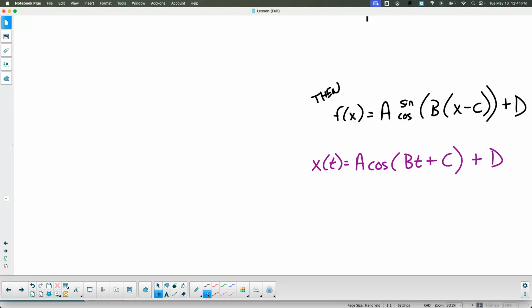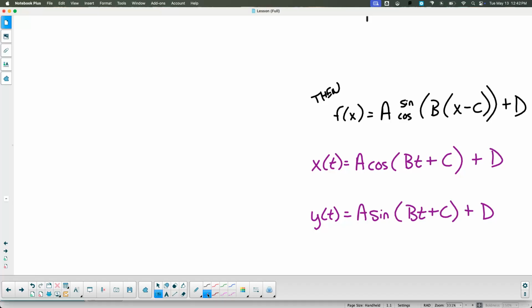Y of t is going to be a sine of the same thing. Now, we've got to figure out what all that stuff means.